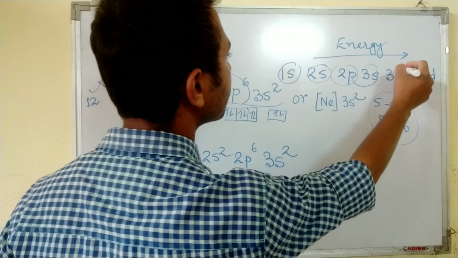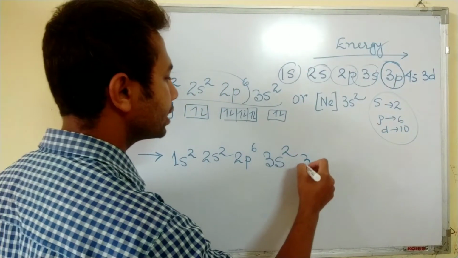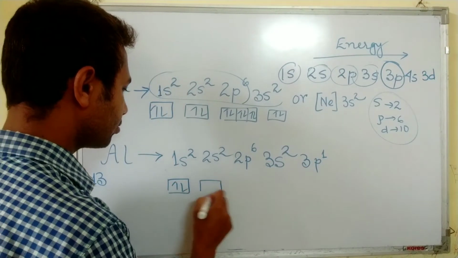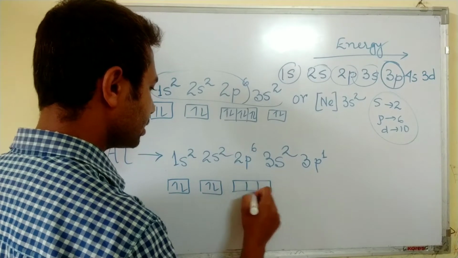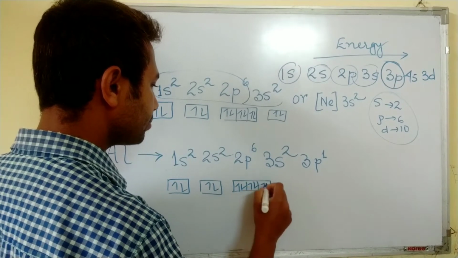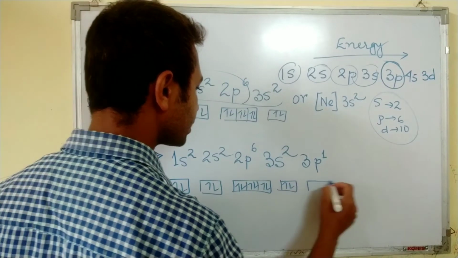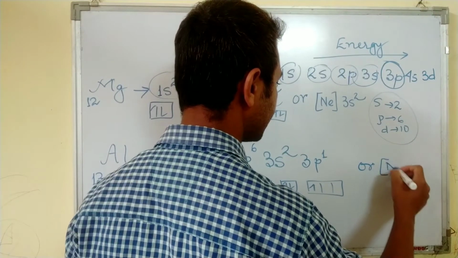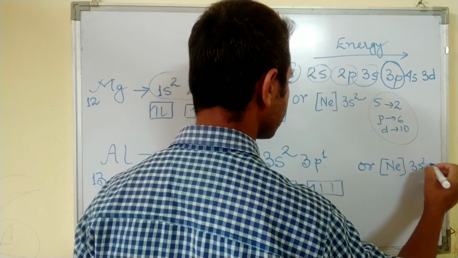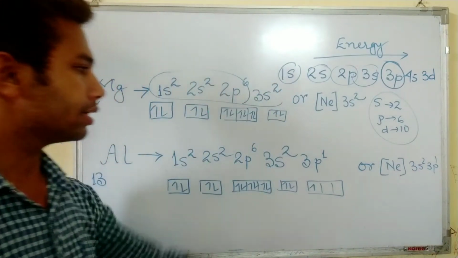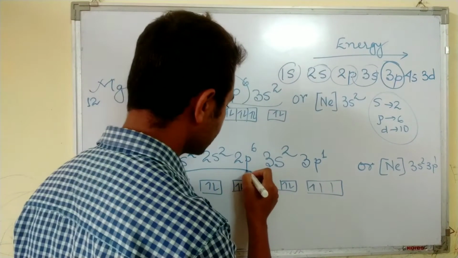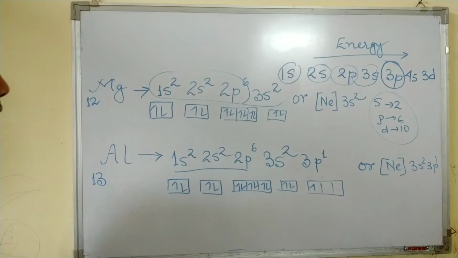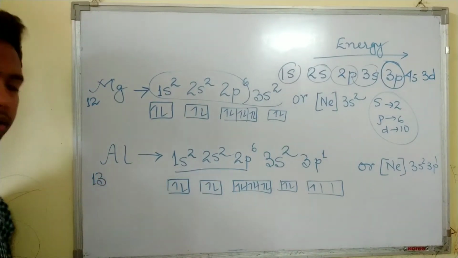This one will go to 3p1. So 1s2, 2s2, 2p6, 1 2 3 4 5 6, 3s2, 3p1, or we may write it like this as neon 3s2, 3p1. Neon is the configuration up to this point. So we may also write the electron configuration of aluminium this way.